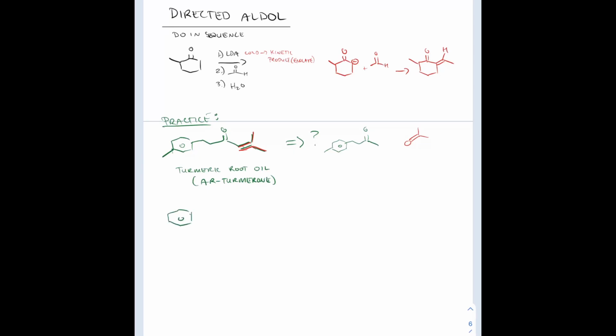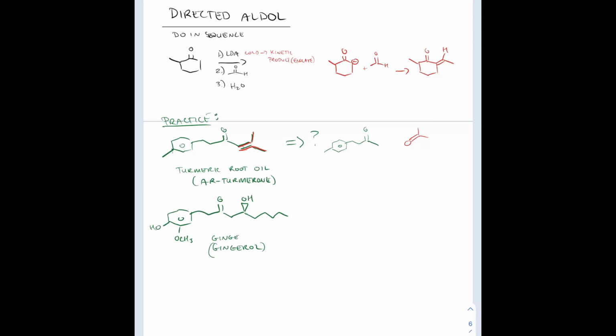I would encourage you to try the mechanism out to determine if you actually get the final product on the left. So this next structure drawn, you can see there's a lot of similarities, right? If the beta hydroxy carbonyl compound on the bottom underwent a dehydration, we would have an alpha beta unsaturated ketone just like the one above.